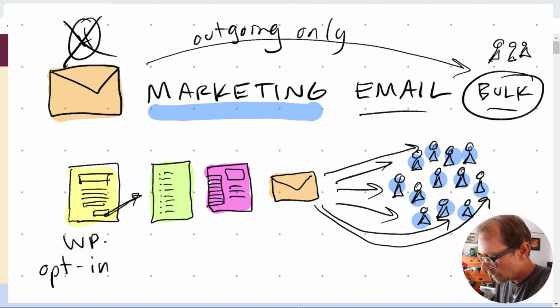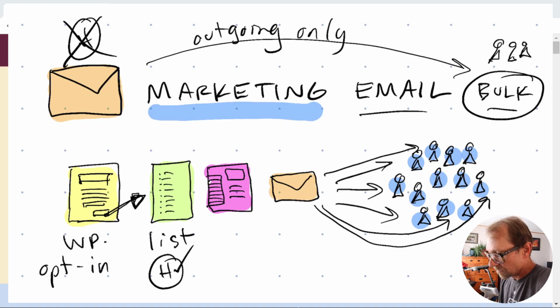This arrow represents their email address being placed on an email list. If there's any hosting involved in marketing emails, it's hosting the list. You don't have to host the emails, you just have to host the database which contains all of your contacts.